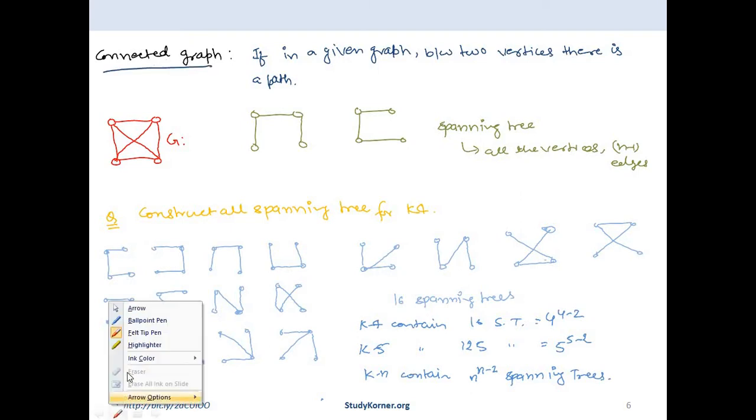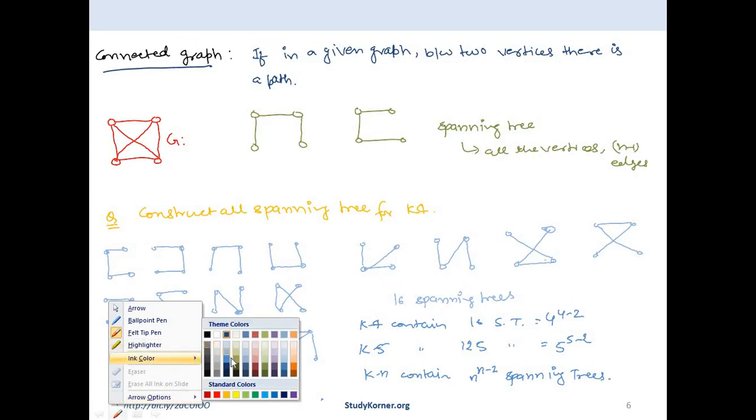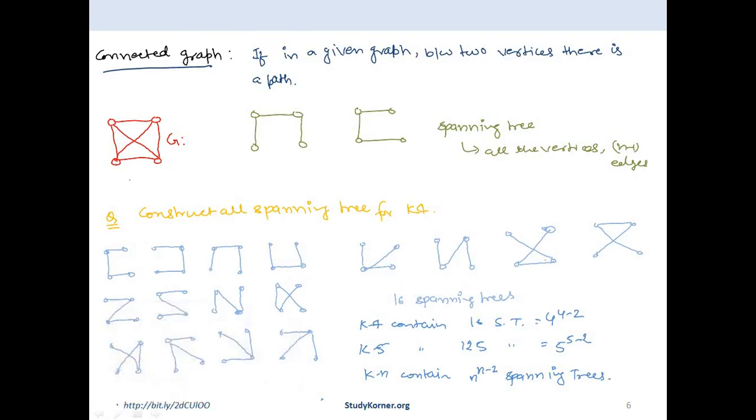Okay. Next, see this, there is a graph G. This is a connected graph because between each two vertices I can find a path. Similarly, in this, all pairs of vertices have a path.